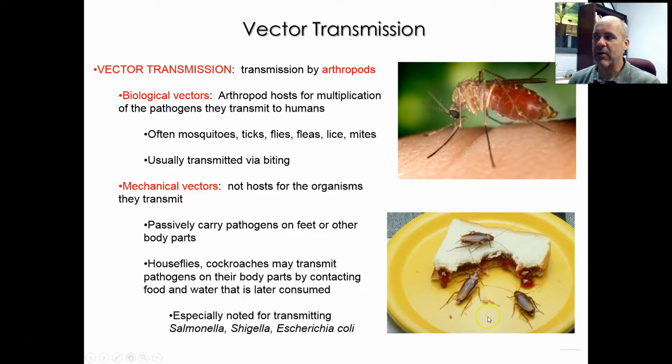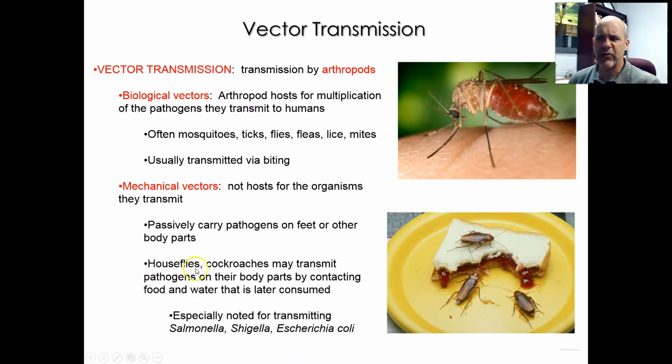It's like over here, the cockroaches crawling all over your peanut butter and jelly sandwich. If those cockroaches had walked through some fecal contamination somewhere earlier, they might have picked up some pathogens, and now those pathogens got onto their legs or wings or whatever, and now they're depositing them on your peanut butter and jelly sandwich without you knowing about it. So in that case, it would be a mechanical vector.